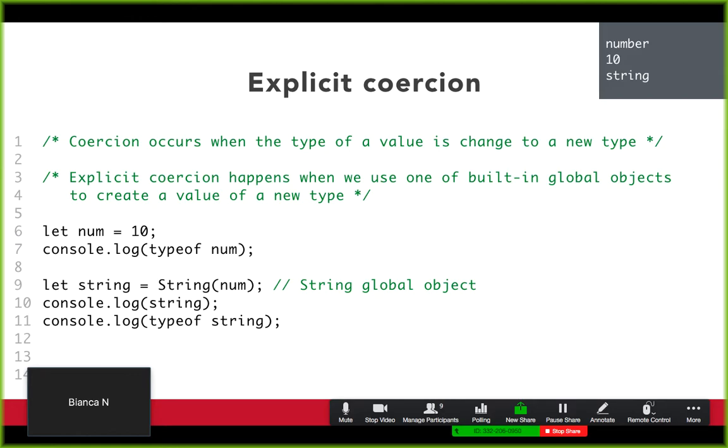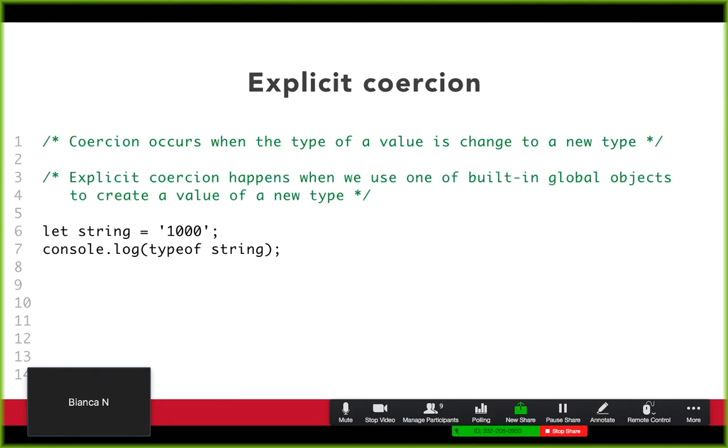One of the things that we didn't show here is that if I was to console log out typeof num, again on line 12, we didn't change num, so typeof num is still going to be a number. In line 9, all we did is say, hey, here's this variable called num. Can you make a string version of this value for me? And the String class will try its best to make a string value for you while preserving the value.